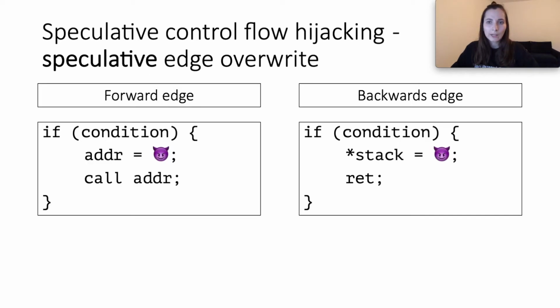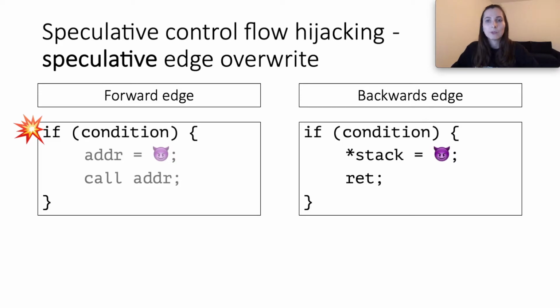Speculative control flow hijacking can be conducted in two ways. One way is through speculative overwrite of the edge. On the left, we have the forward edge example, an indirect call jump. When the CPU mispredicts on the condition, the address is speculatively overwritten with the attacker desired value. This value can point to attacker control code or a sequence of ROP gadgets.